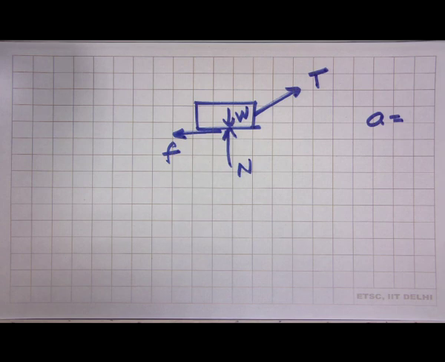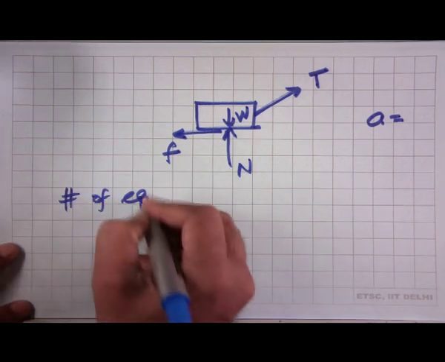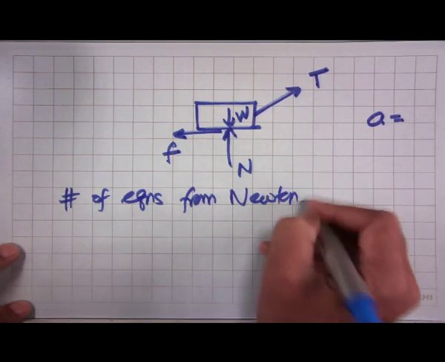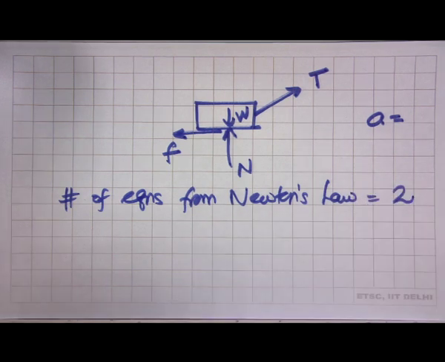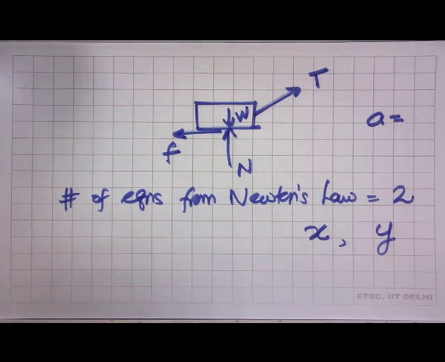So, now our number of equations from Newton's law is 2, one in x direction, one in the y direction.